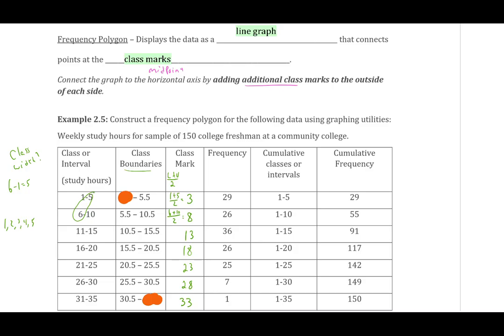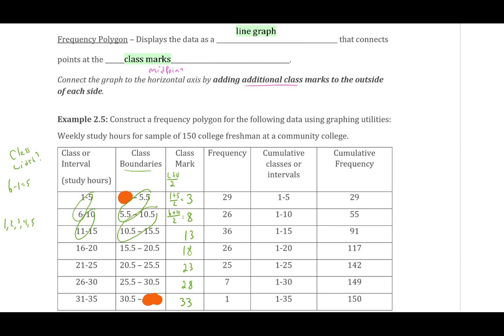So the number between 5 and 6, or if you think of this as the rounded value, what would be the value that would round down into the first class or would round up to the second class? So between 5 and 6 is 5.5, so that would be the class boundary between the first and second class. And again, between 10 and 11 would be 10.5, so those are where the class boundaries are.